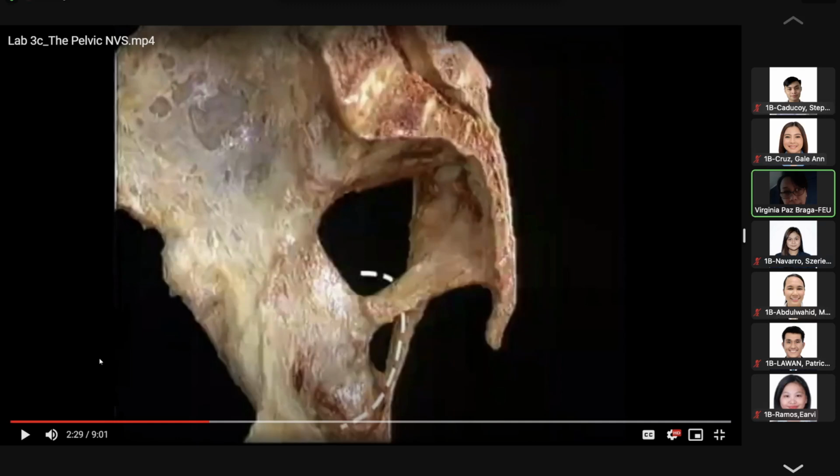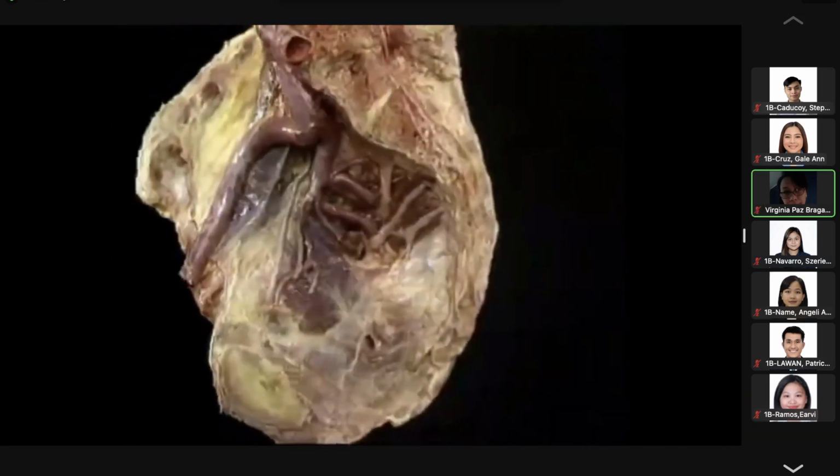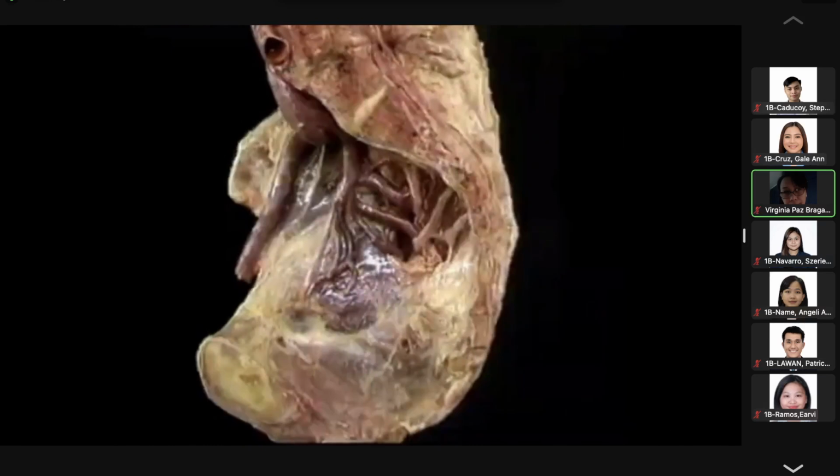What is this? Internal pudendal artery po. Okay, remember that, memorize. In this way, the internal pudendal artery ends up below the pelvic diaphragm.